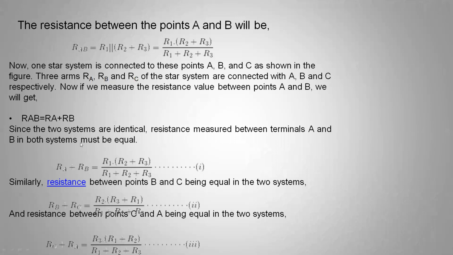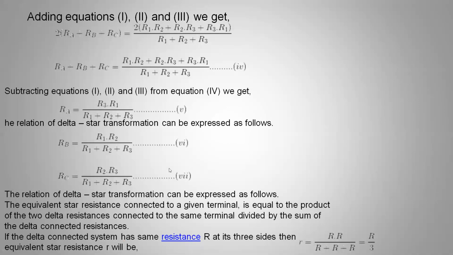This is the resistance measured between terminals A and B. In the second equation, the resistance measured between B and C. The third one, the resistance measured between points C and A. Add A and B, B and C, C and A. Adding equation 1, equation 2, equation 3.